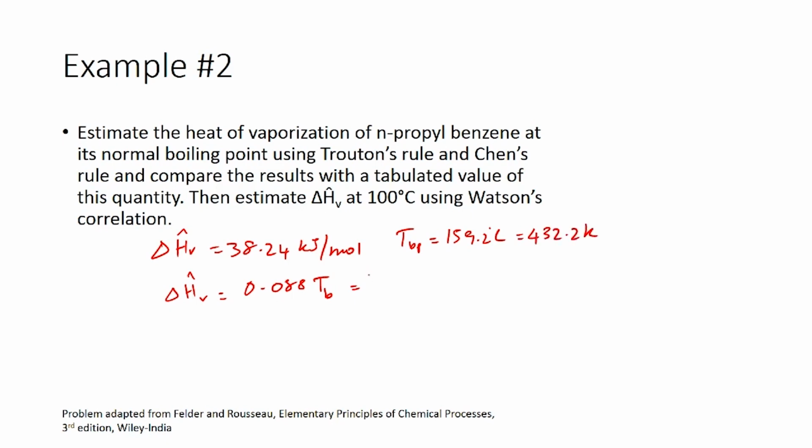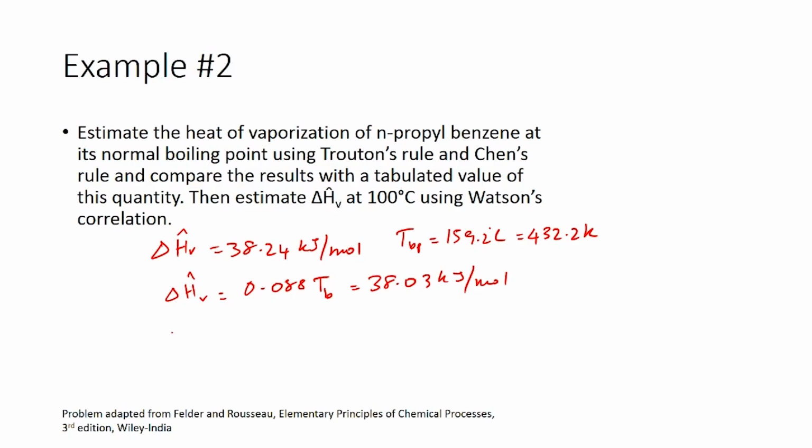Using this value we can get heat of vaporization from Trouton's rule as 38.03 kilojoules per mole. For this particular case, Trouton's rule seems to fit very well. You get very small errors, and this is as good as it gets. It is actually less than 1% error. So, even Chen's rule might not have this accurate data.